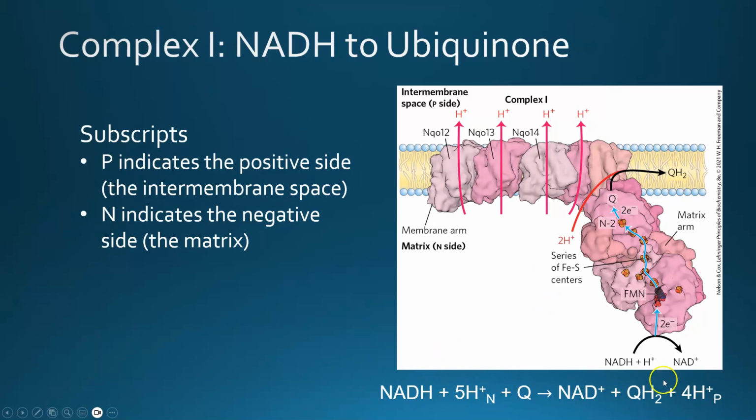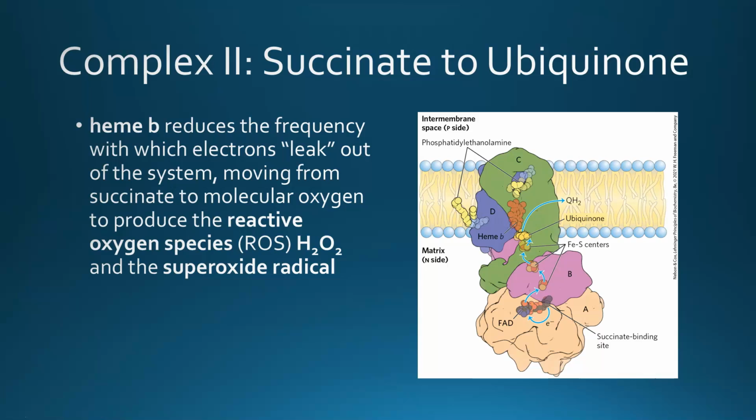So there's a complicated stoichiometry there, because NADH uses up a proton. 4 protons are pumped out, so the stoichiometry is somewhat complex, and for our purposes, if we just consider 4 protons being pumped, that's sufficient for our understanding.